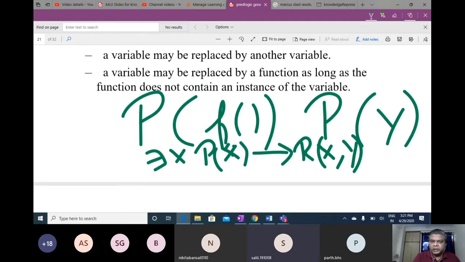For example, if the existentially quantified x of p x is simply x, there is no other variable linked, then we can replace x here by a constant. But if the quantified variable is y, for example in r x y, the existentially quantified variable is y.